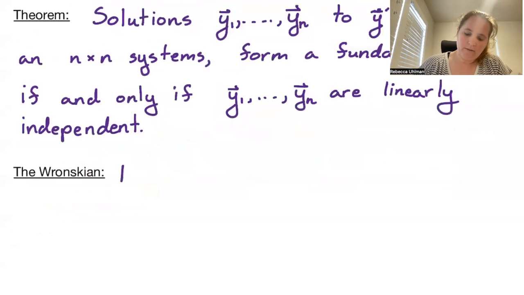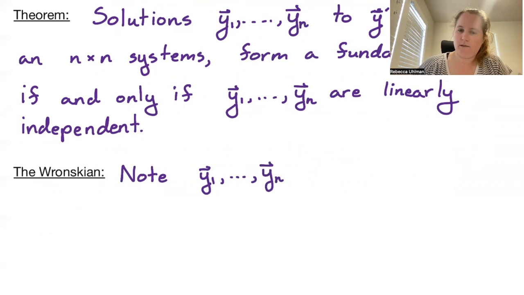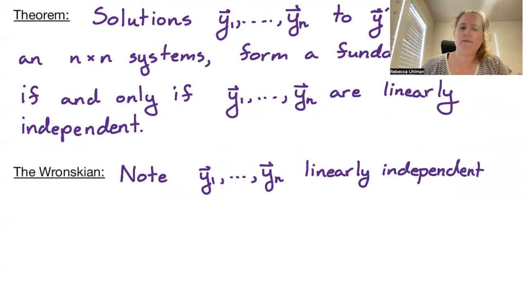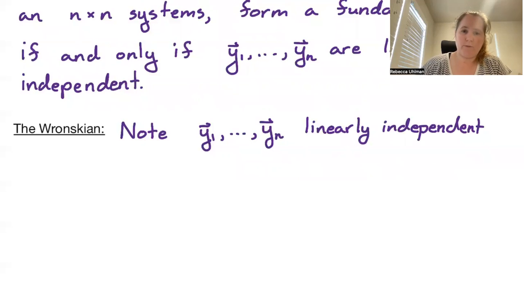So note that y1 through yn being linearly independent can essentially be written in matrix form.